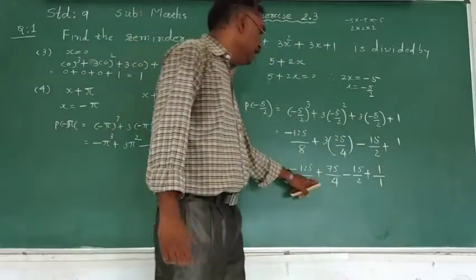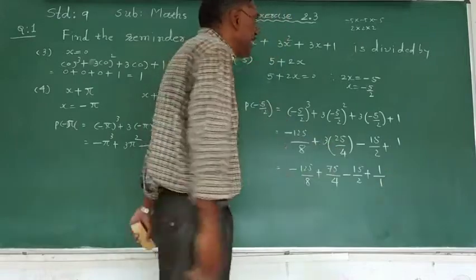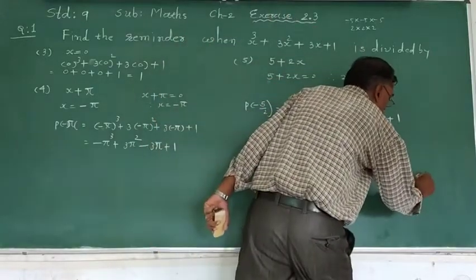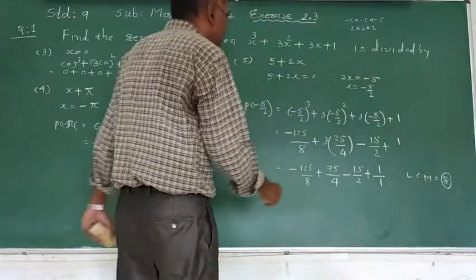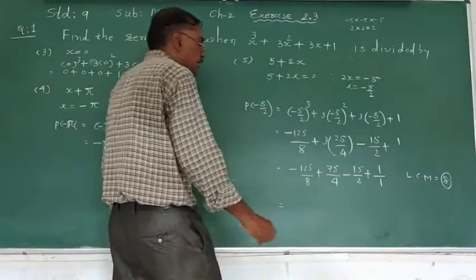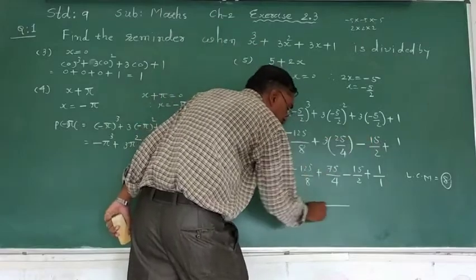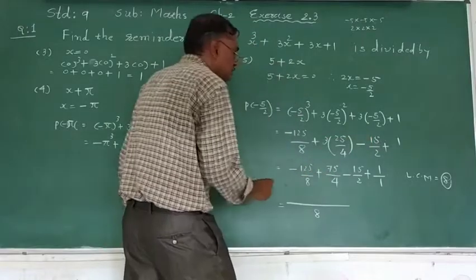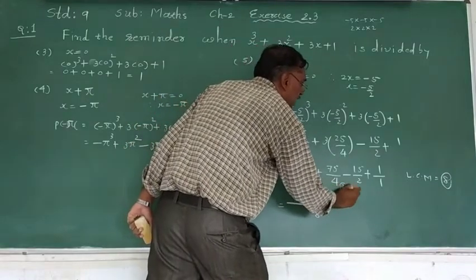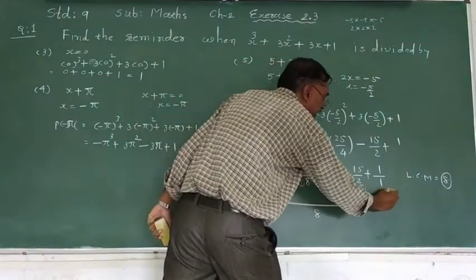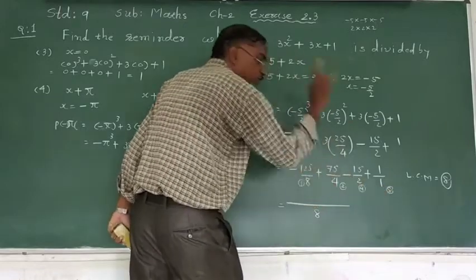Okay. Now 8, 4, 2 and 1, LCM equal to 8. So equaling the denominator, we will obtain here 8. So 8 ones are 8, 4 twos are 8, 2 fours are 8, and 8 ones are 8. Now it will be all equal.